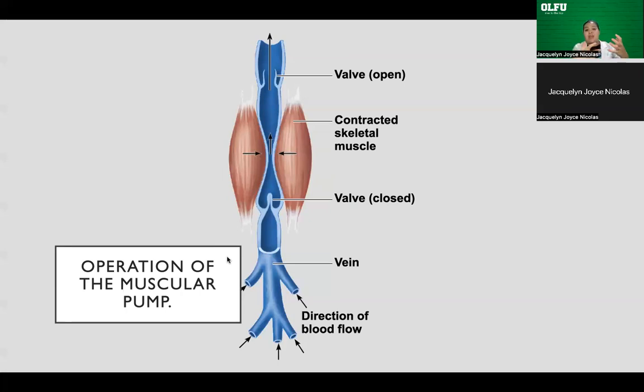In this case, the vein, it will squeeze the vein, and that will push the blood upwards, and the valve, okay? So the valve here allows one-way flow of blood. So again, it avoids backflow. So it's making sure na lahat ng blood paakyat papunta sa heart.